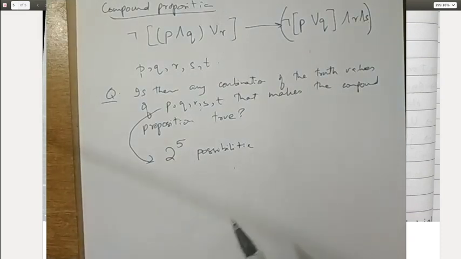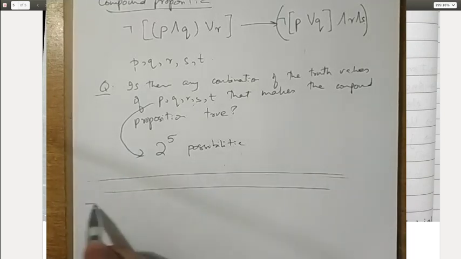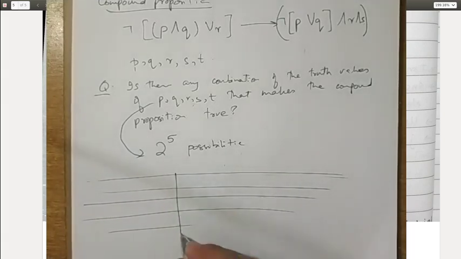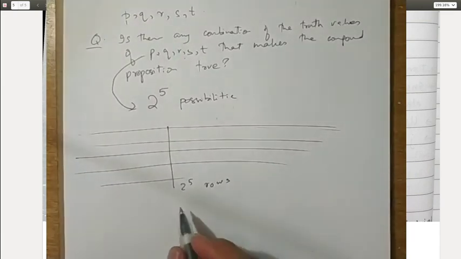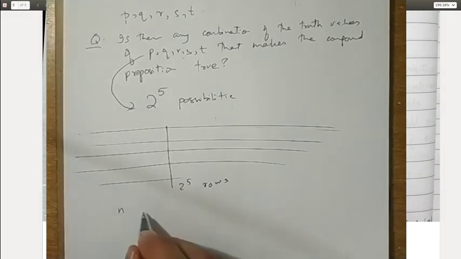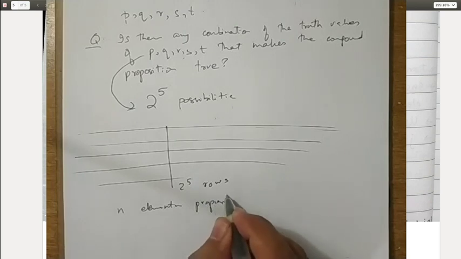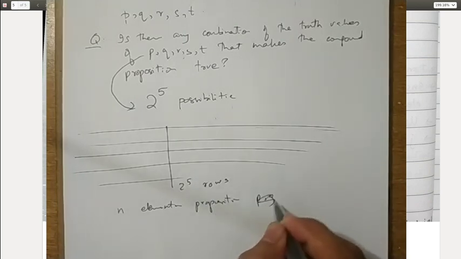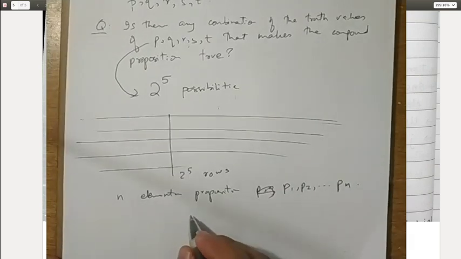And so if your algorithm is just to make a truth table, that truth table will have 2 to the 5 rows, which means if you have n elementary propositions p, q, p1, p2 up until pn, then you will have to check 2 to the n rows of your truth table.